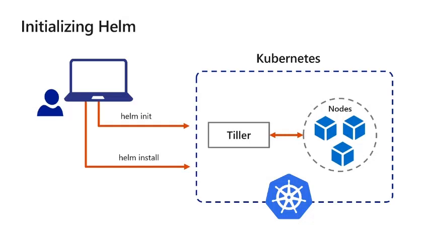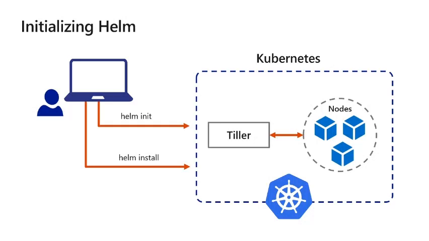So to use Helm, we need to initialize Helm. We use helm init. You can initialize Helm on your Kubernetes cluster by installing Tiller. To deploy Tiller into a Kubernetes cluster, use the helm init command.